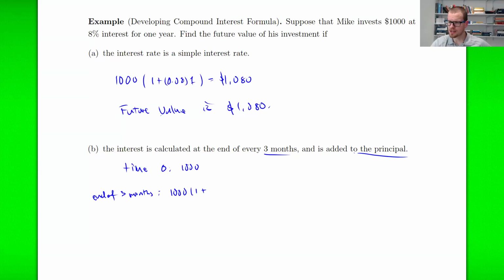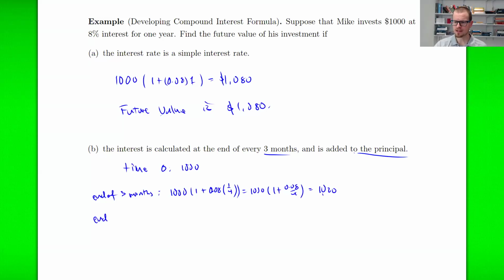So we get the interest rate of 0.08, but the time that we've traveled through in years is only 3/12 or 1/4 of the year. So this is 1,000 times 1 plus 0.08 divided by 4, if we wanted to write it that way, which is enlightening. So we'll see that in just a moment. But this gives us $1,020 at the end of 3 months.